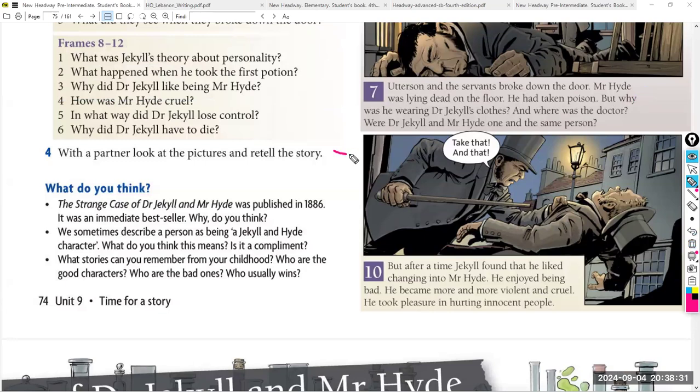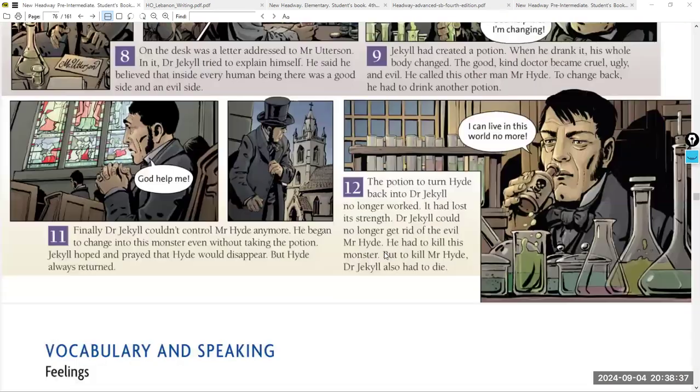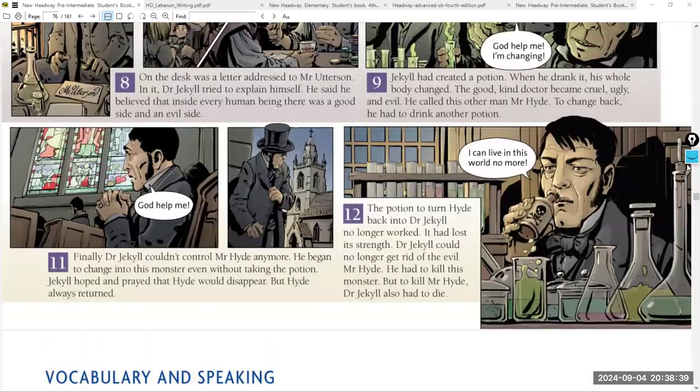This is it. Let me scroll down to picture number 11 about paragraph 11. And this is the final picture about paragraph 12.